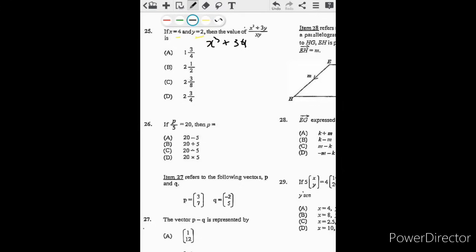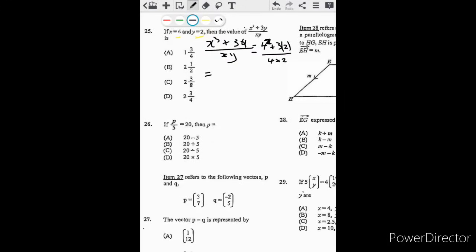So we write in our equation, we have x squared plus 3y divided by xy is equal to 4 squared plus 3 multiplied by 2 divided by 4 multiplied by 2. Simplifying this, we have 4 squared, not cubed, sorry, squared.